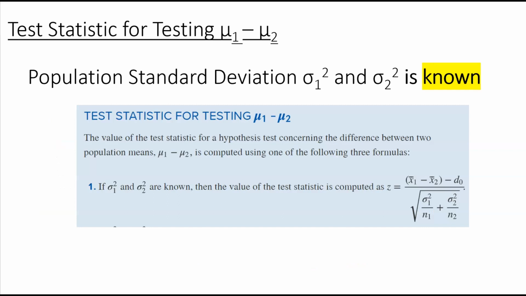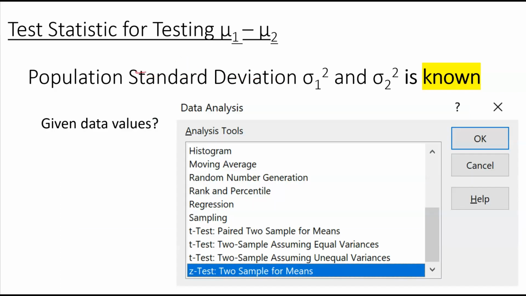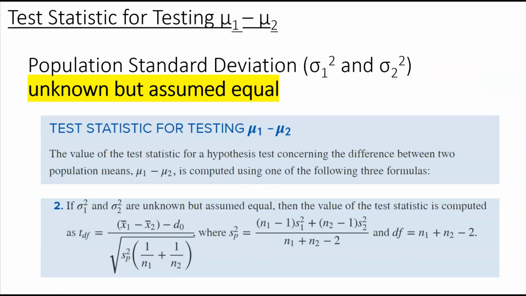All right, so for the test statistic, again, if we know the variance, we'll use this formula for the test statistic. If we are given data values, we're going to use Excel. If we don't know the variance, but we assume that they're equal, then we'll use this formula here.